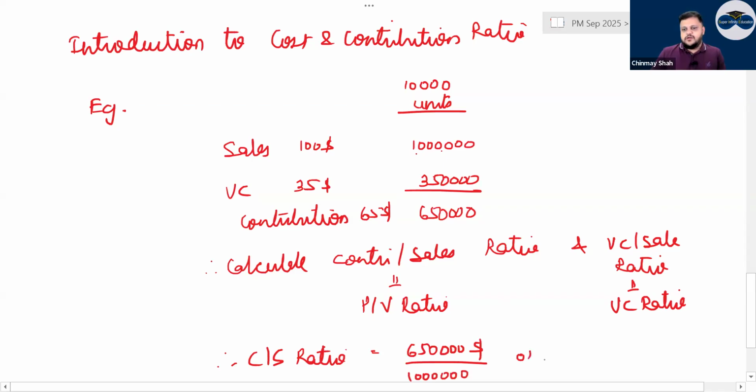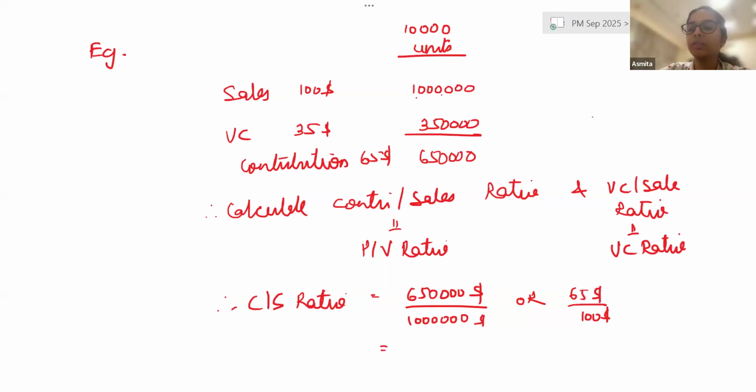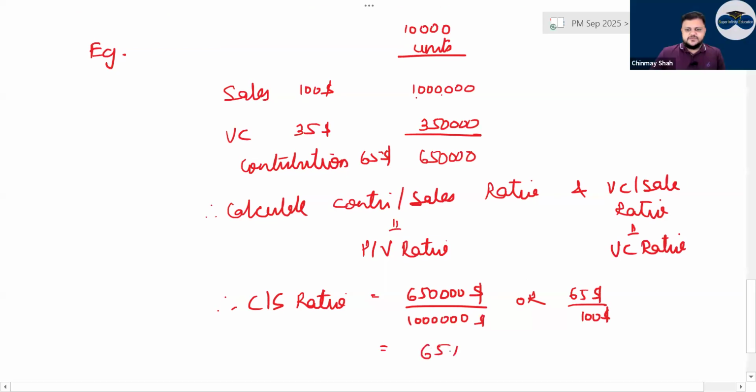Or if I have to do per unit, how will I find out? Tell me. So how much is the contribution by sales ratio? 0.65, or 65%, whatever you want to say.